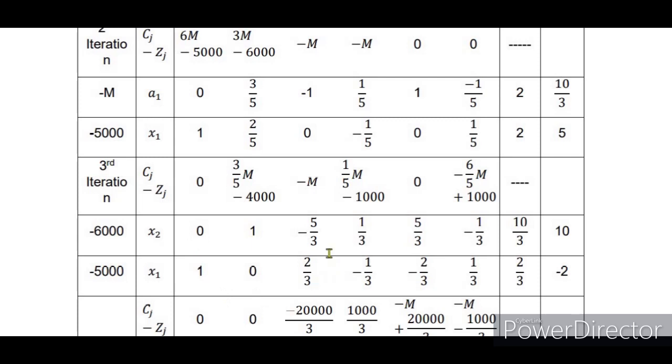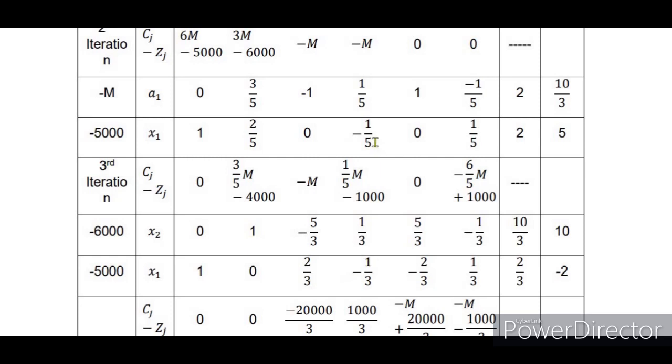Okay, so next, negative 5/3 times 2/5 is equal to negative 2/3. Okay, so the previous value, 0, minus negative 2/3 is equal to positive 2/3.